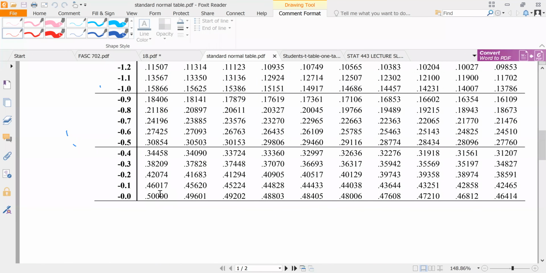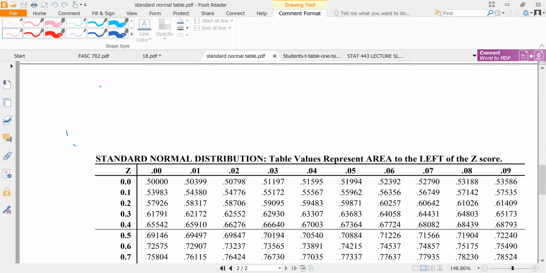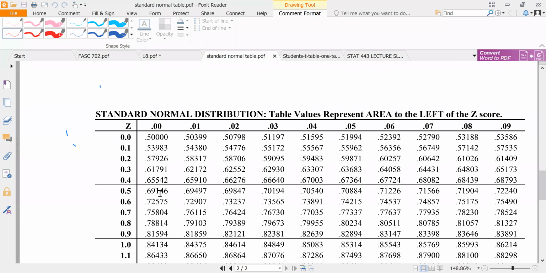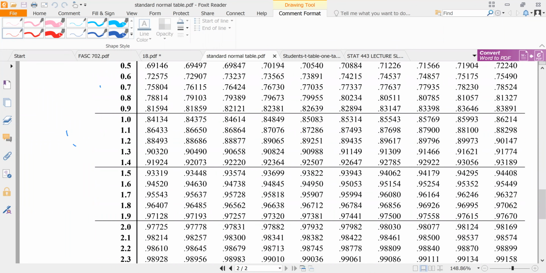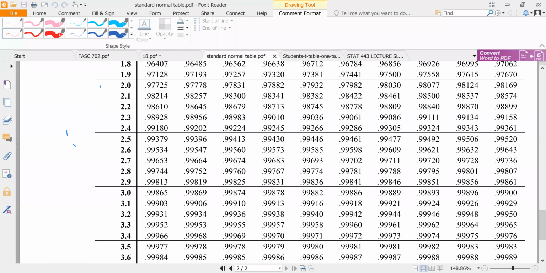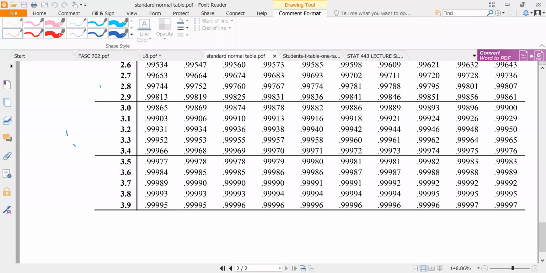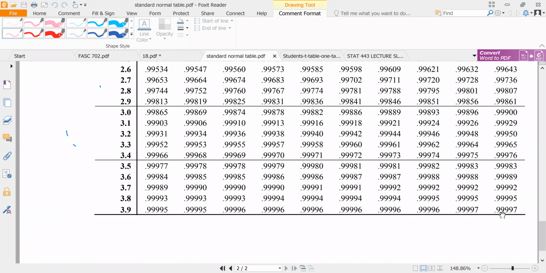You can see the probabilities keep increasing. Now we have the positive values of Z, the ones that are above 0. The probabilities keep increasing up to a point where the maximum value of the probability is given by this quantity here, at the bottom right. This quantity gives the accumulated value.